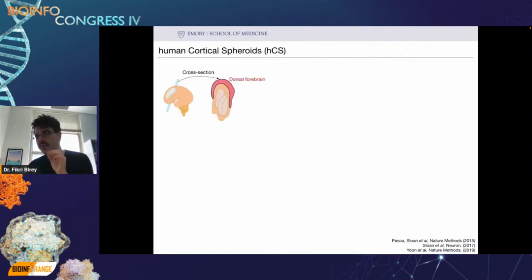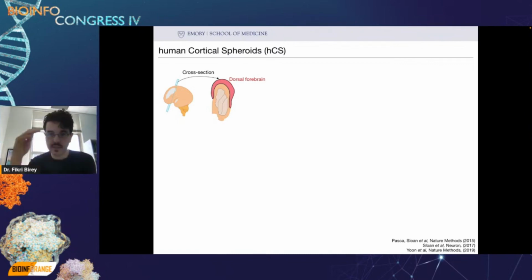And I'm going to just give you an early example of this kind of work where these human-induced pluripotent stem cells, iPSCs, were aggregated in 3D and really pushed towards certain regional fates of the human brain. And this early work really focused on trying to model this part of the developing human brain, the dorsal forebrain.